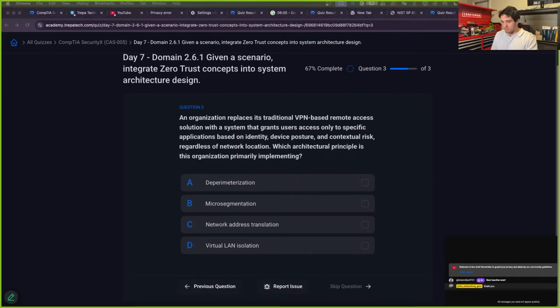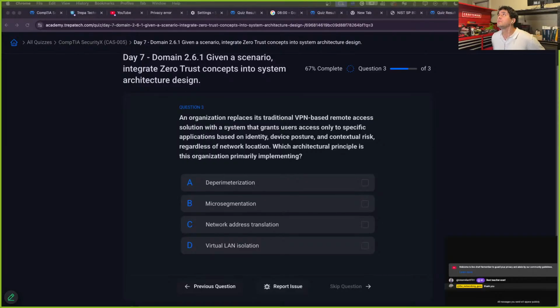Question 3. An organization replaces its traditional VPN-based remote access solution with a system that grants users access to only specific applications based on identity, device posture, and contextual risk, regardless of network location. Which architectural principle is this organization primarily implementing? So remember, zero trust came about because we didn't have that easy perimeter anymore.